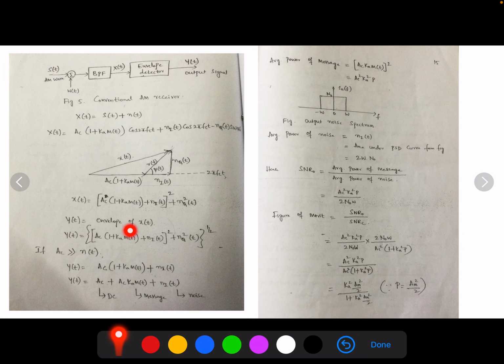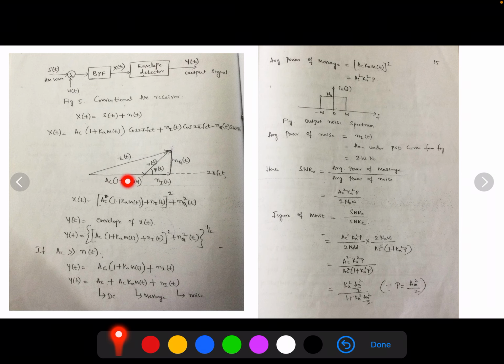y(t) is equal to the envelope of x(t). So what is the envelope of x(t)? It is nothing but the square root of Ac into 1 plus Ka m(t) plus n_I(t) the whole square, plus n_Q(t) the whole square. In the sense, we are applying the Pythagoras theorem here.